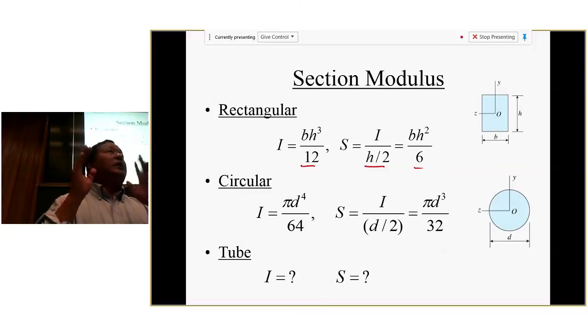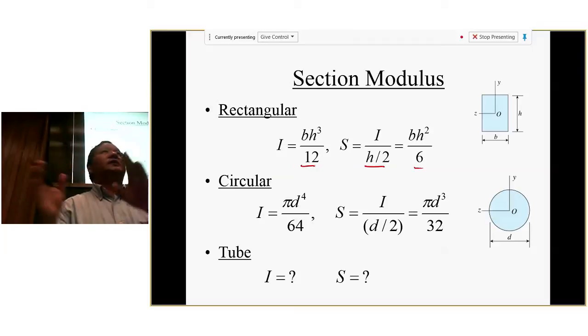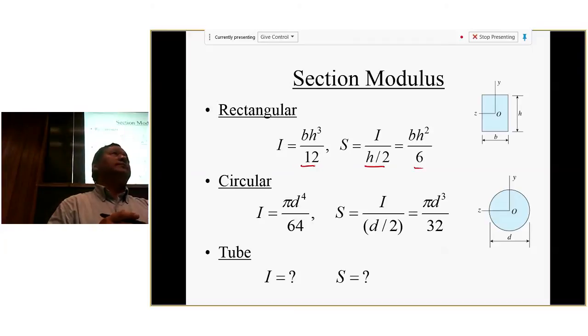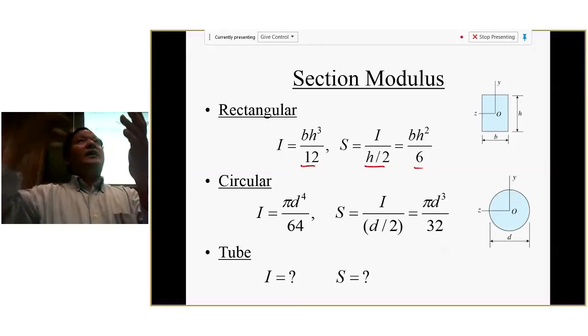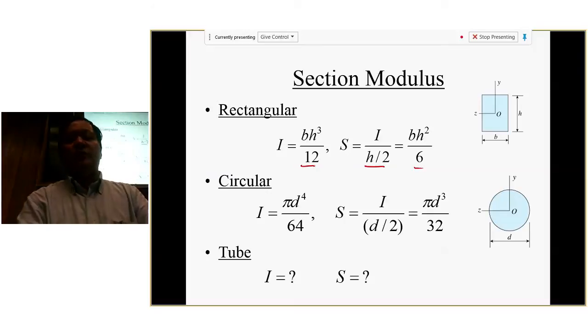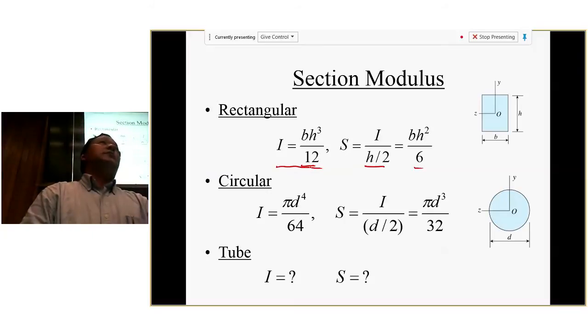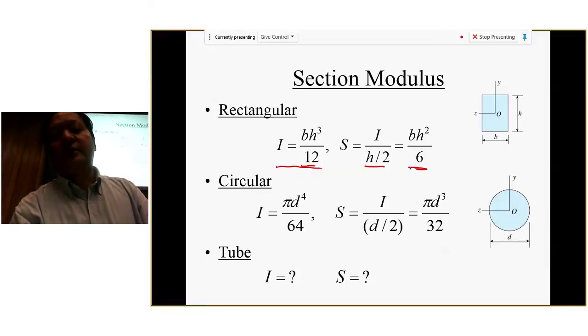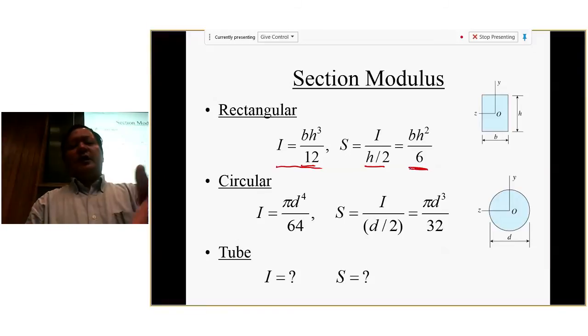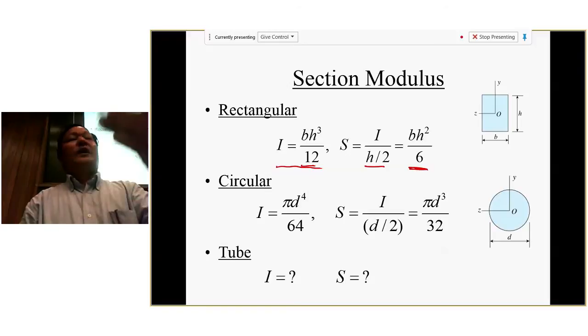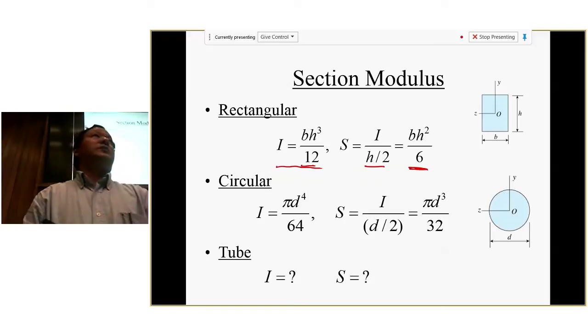The only point I want to make here is that oftentimes people get confused about when to use the I value and when to use the S value, and get the equations confused. They try to calculate the I, but they use the S value. Say, for example, for this one, they say I equals 1/6 of BH cubed, and when they calculate the S, they say S equals 1/6 of BH cubed.